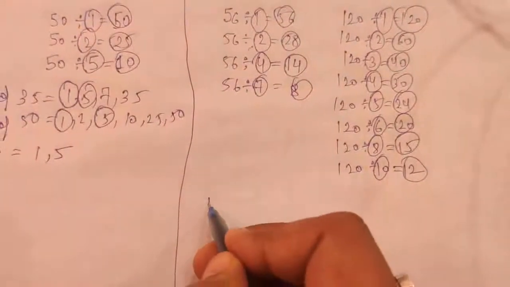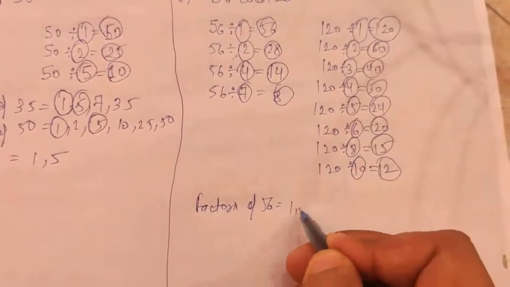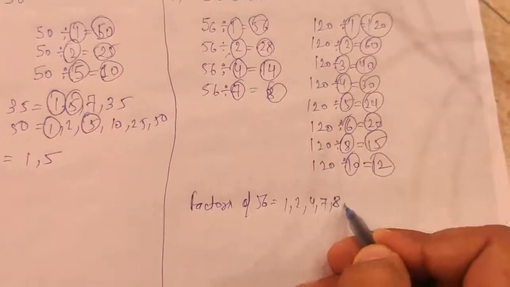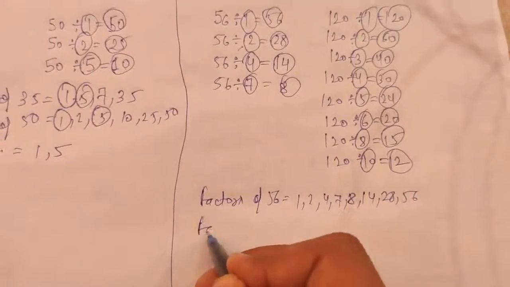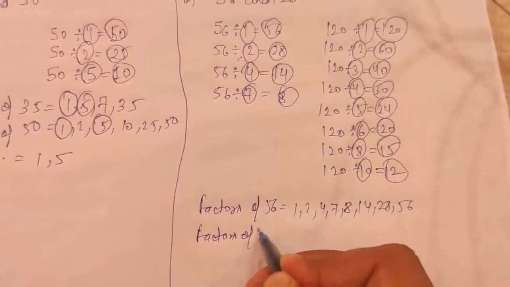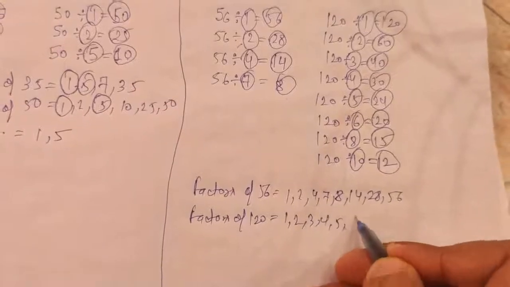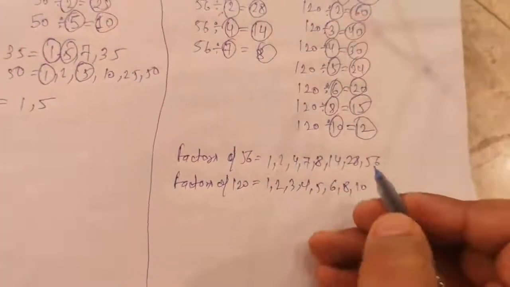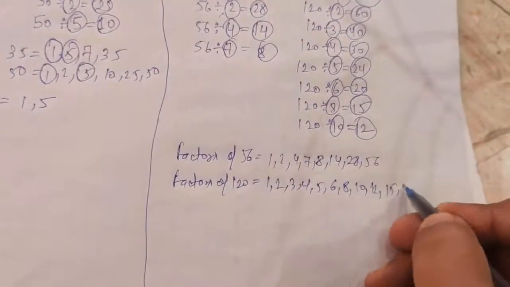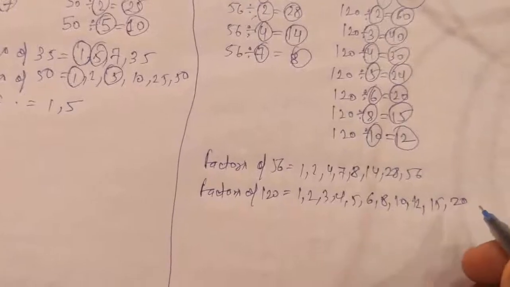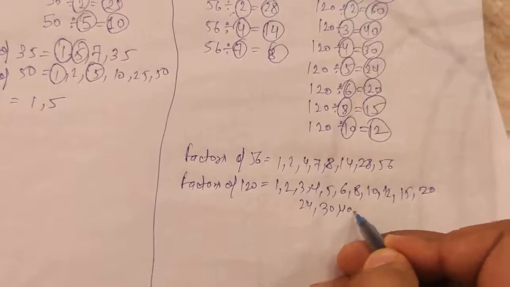So we will write factors of 56. It is 1, 2, 4, 7, 8, 14, 28 and 56. Then factors of 120: 1, 2, 3, 4, 5, 6, 8, 10 and then 12, 15, 20 and 24, 30, 40, 60, 120.